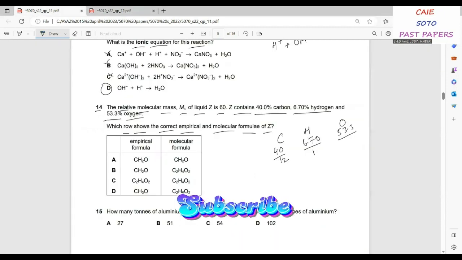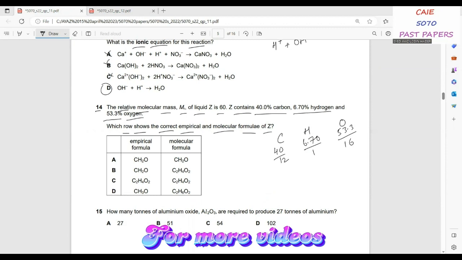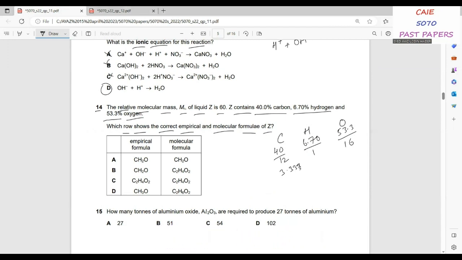So we will divide 53.3 by 16. 40 divided by 12, 3.333. For hydrogen, we get the same answer because we divide by 1. What about oxygen? 53.3 divided by 16, 3.3315. So 3.3315 will be the smallest number here.